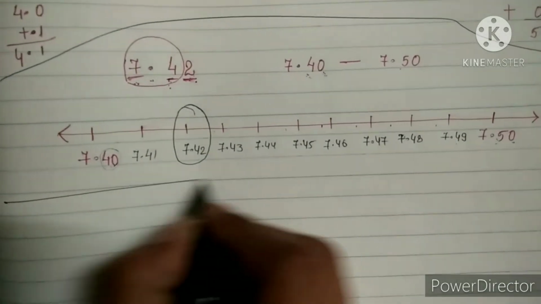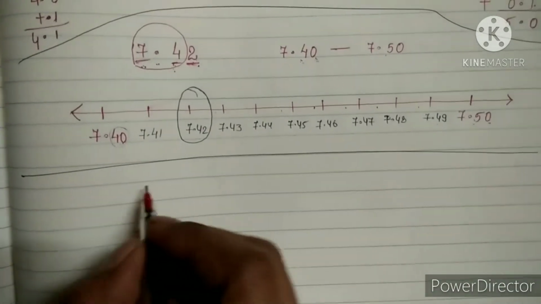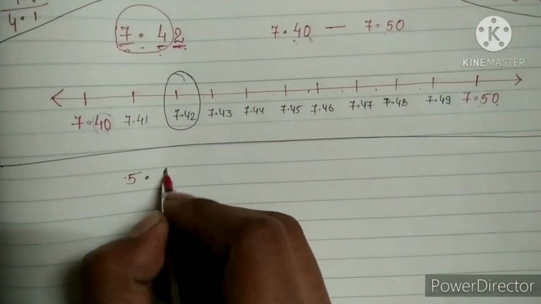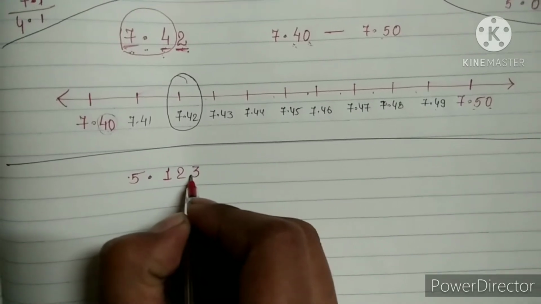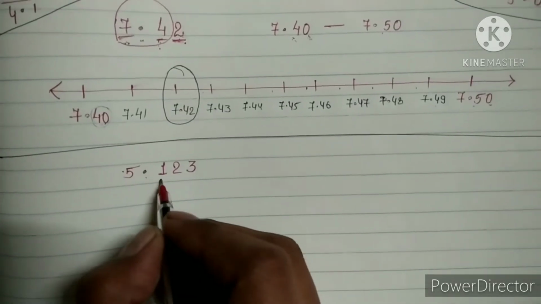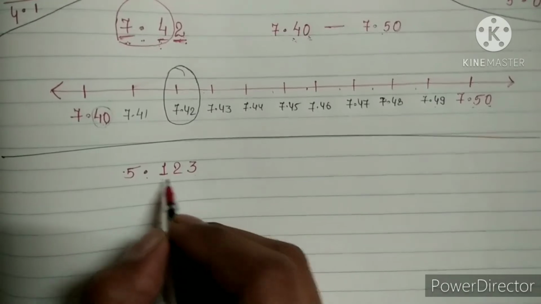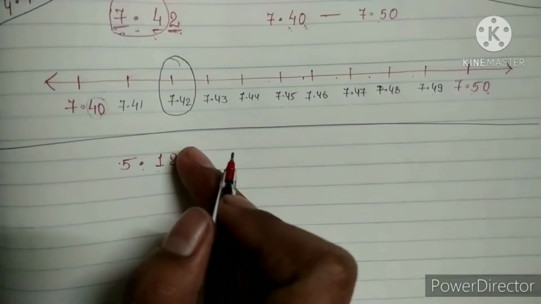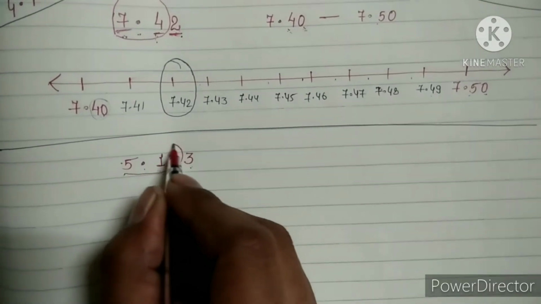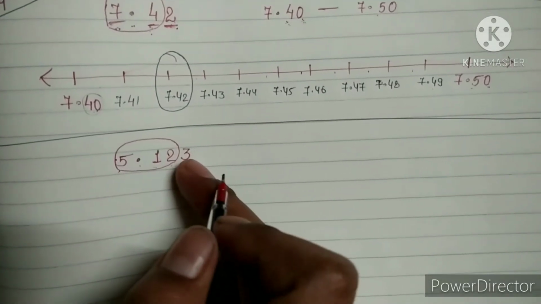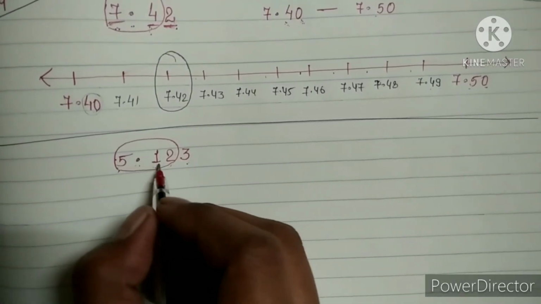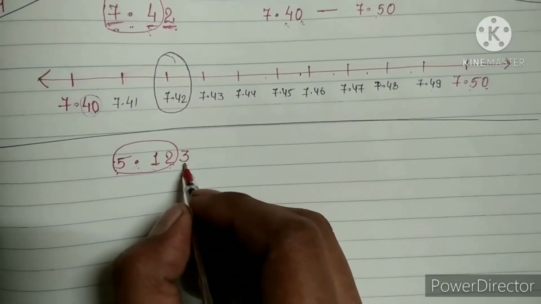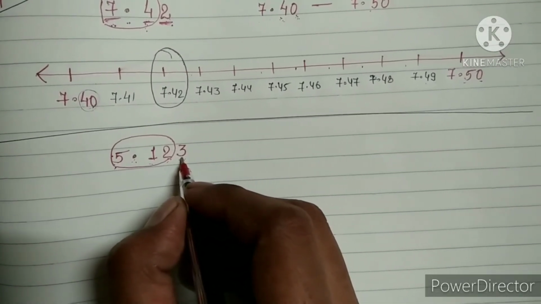We can take one more example, when we have more digits. If I have to show 5.123, after the decimal how many digits do we have? 1, 2, 3 digits. That's why we will leave the last digit and see only 5.12.